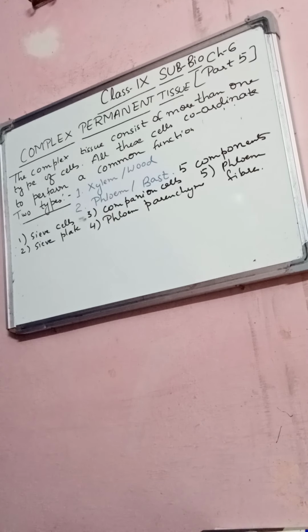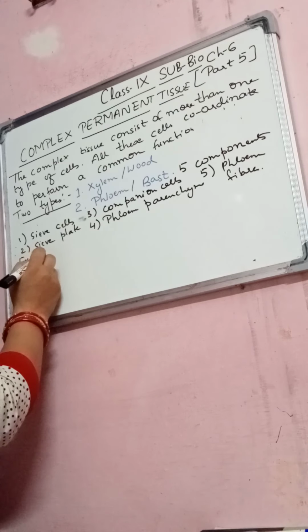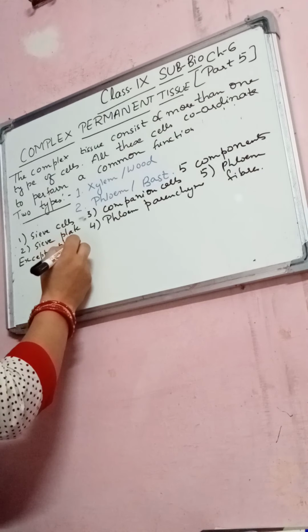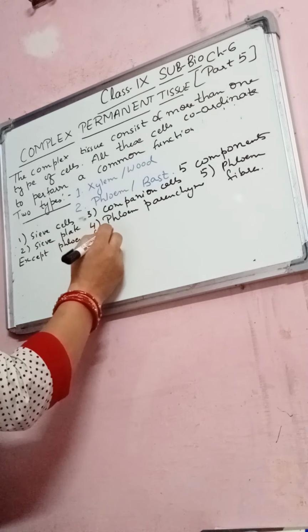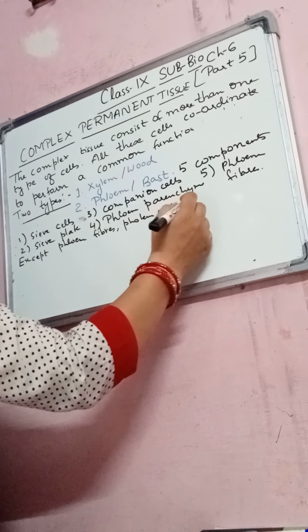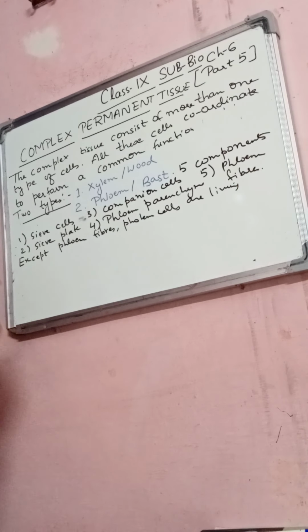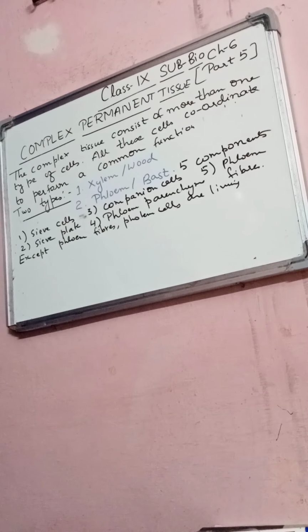Right, students? Now listen here. Except for phloem fibers, all other cells of phloem are living cells, right? Now the sieve plate. Look at the diagram of a sieve plate, section of phloem.